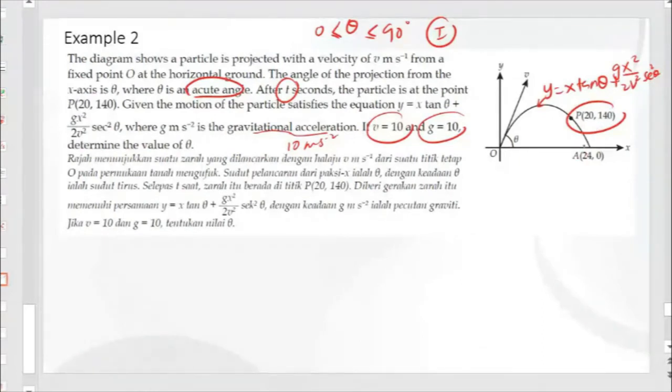We have to use A or P. A, this one is 0. X, Y, right? This is X, this is Y. So Y is 0. Can I use A, because this one looks simple, easier? Can I use coordinate A to substitute into these equations? Why? Can or not? Yes or no?